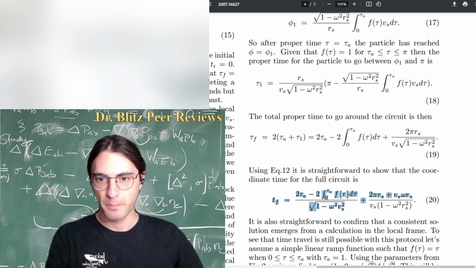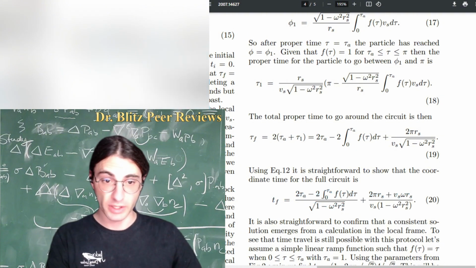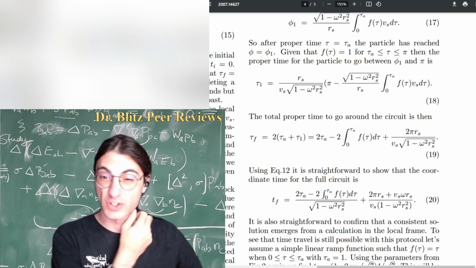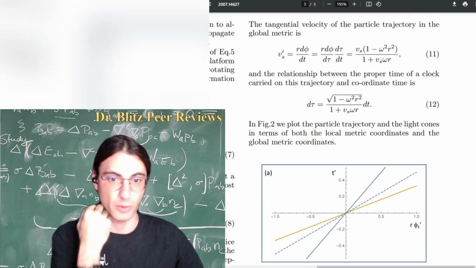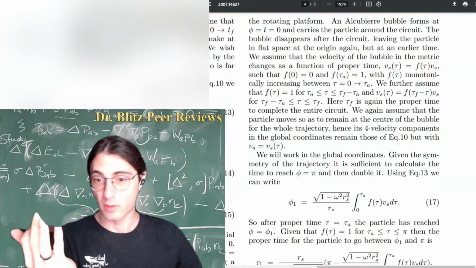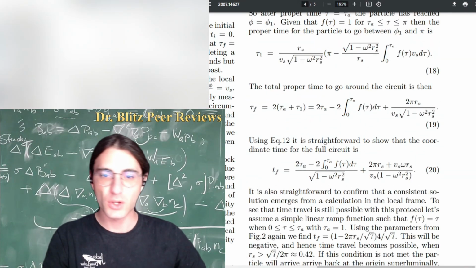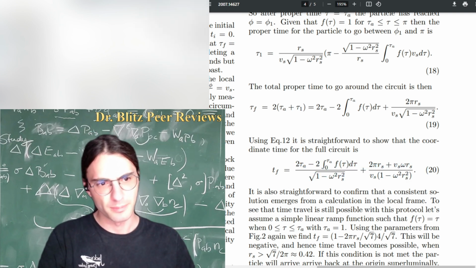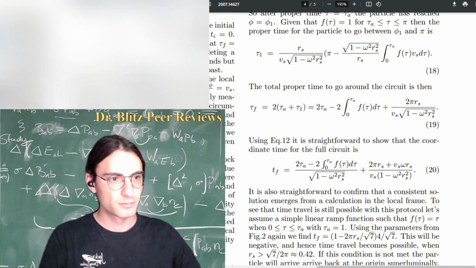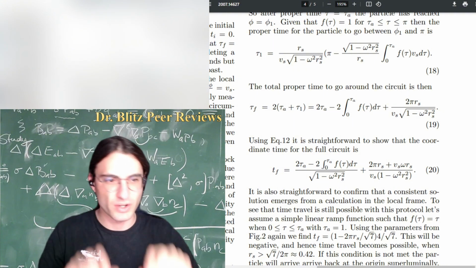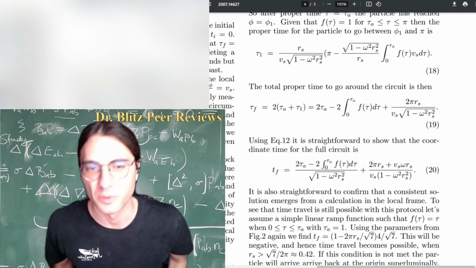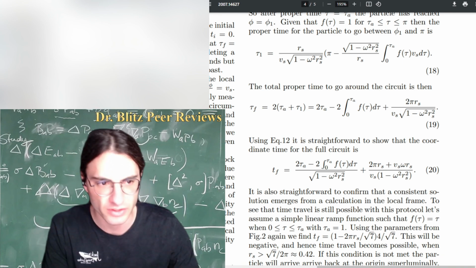This is the coordinate time for the full circuit. All they've done is they've just solved for t in terms of tau from this equation, and then integrated roughly. And you end up with this lovely equation, which seems fairly simple. It is straightforward once you do this a lot, but the point is they're kind of just shuffling symbols around at this point.